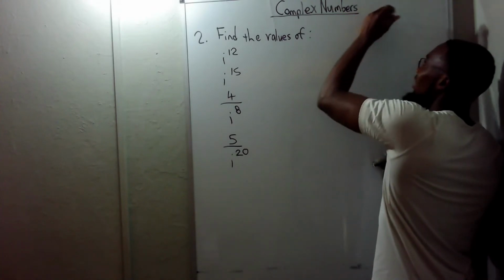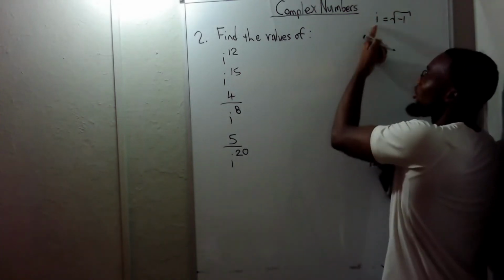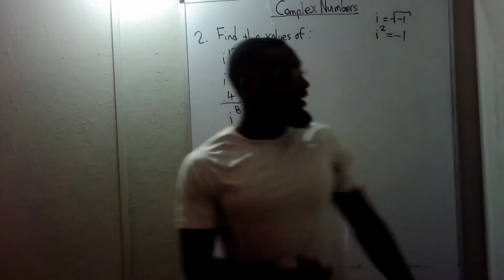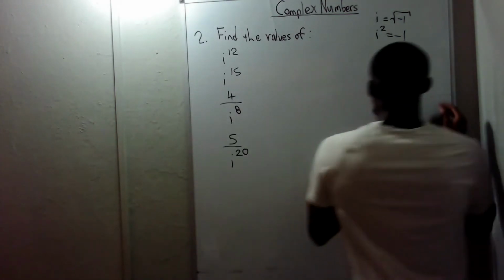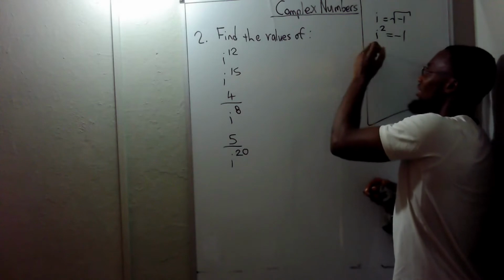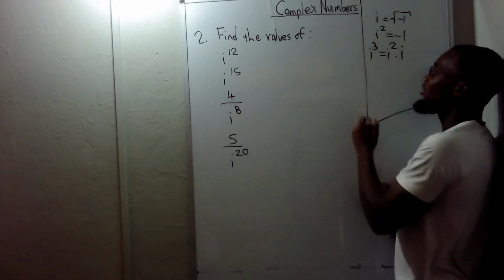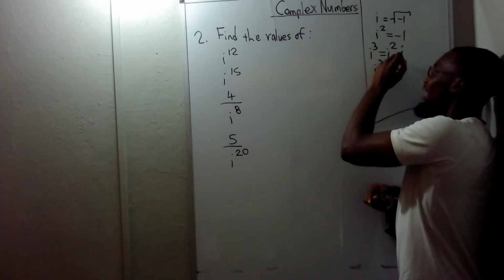i is the square root of -1. If you square that, i squared is -1. When you square, the square root goes away. Then i cubed is equal to i squared times i, but i squared is -1, so i cubed is minus i.